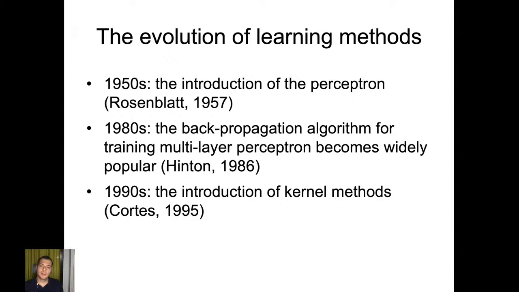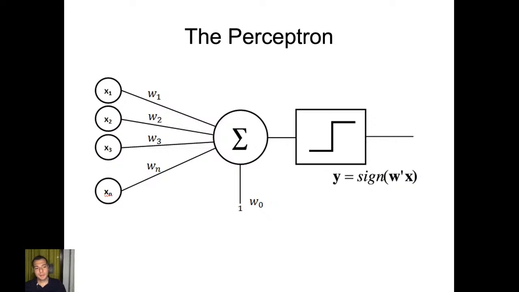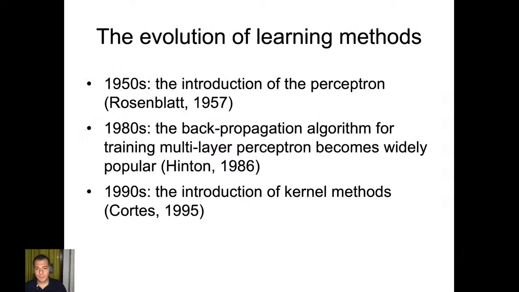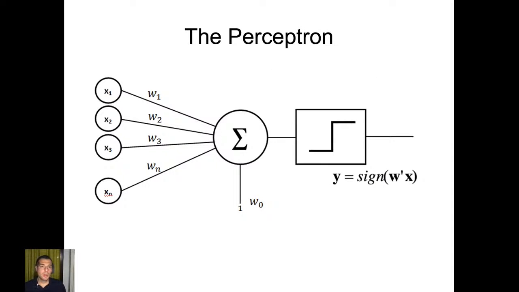Later in the 90s, people started using kernel methods because they are easier to optimize and provide more stable results. And more recently, people started using more complex approaches.